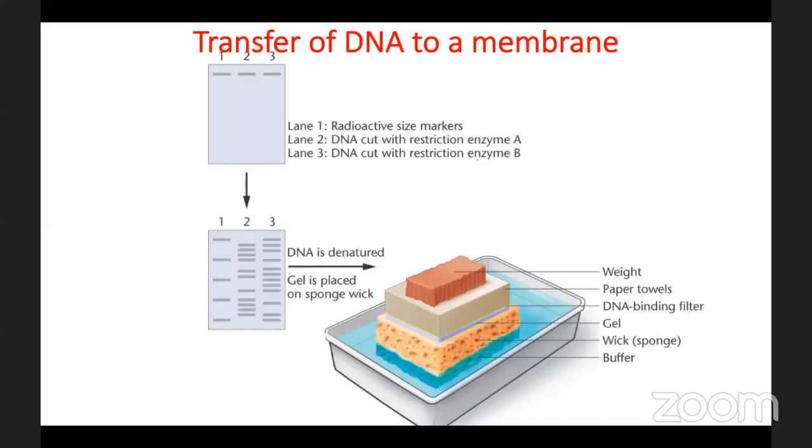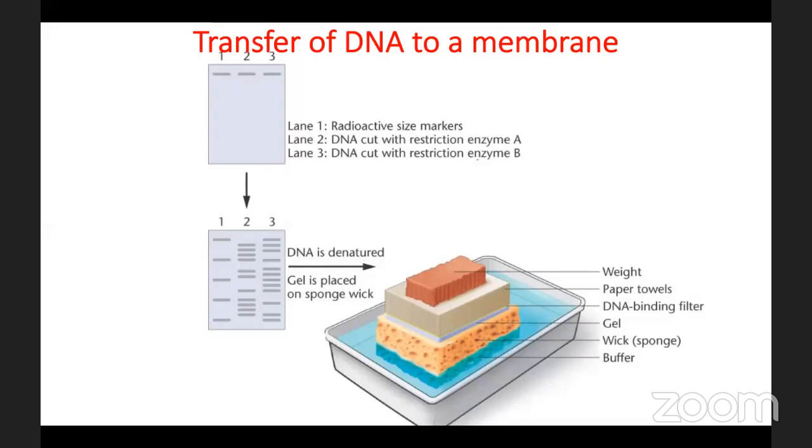After that sponge, you put your agarose gel, in which you have your fragments separated by electrophoresis, above those sponges. Then a membrane is there, then some filters, paper towels. Finally, you put a weight over this. Because of capillary action, the buffer will start migrating, and due to the migration of buffer, your DNA fragments will also start migrating upward.